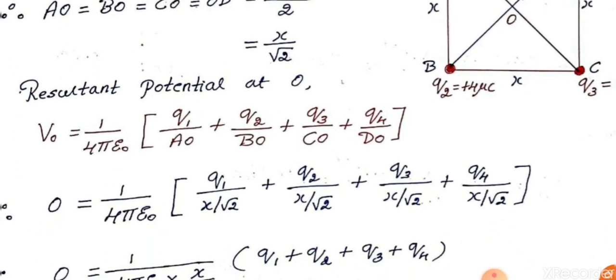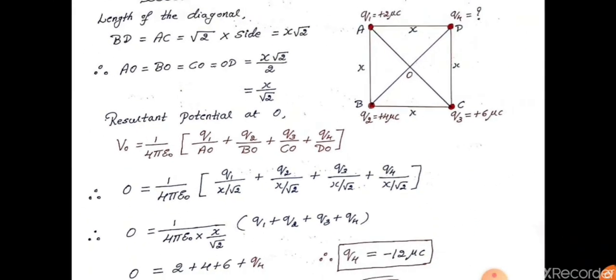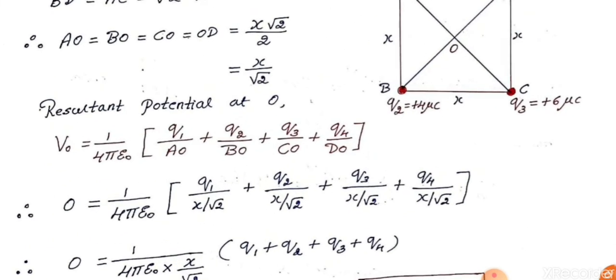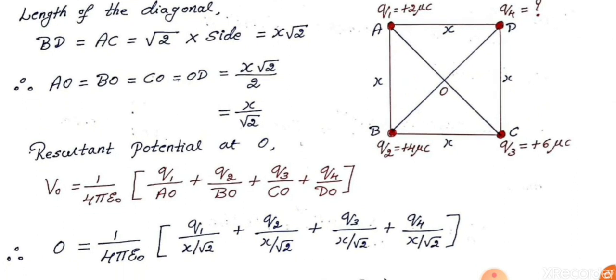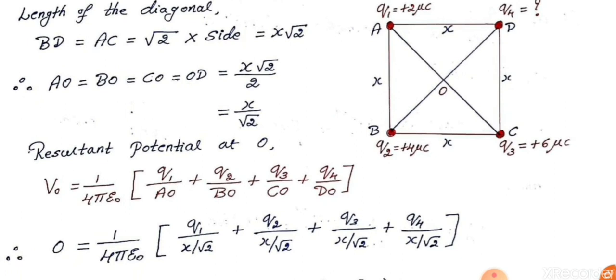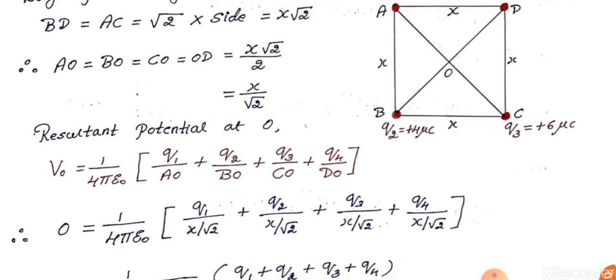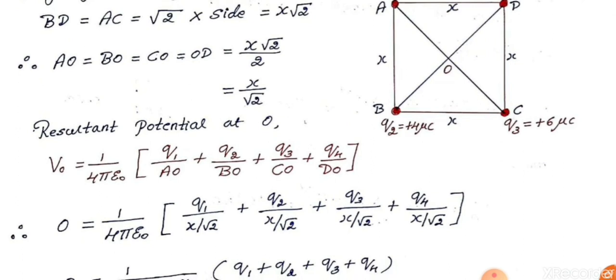Now find the resultant potential at O. The resultant potential at O is the sum of the individual potentials from each corner: 1 by 4 pi epsilon, Q1 by AO, where AO is the distance to the point with respect to charge 1, and Q2 by BO, the distance to the center from Q2, and similarly Q3 by CO plus Q4 by DO.